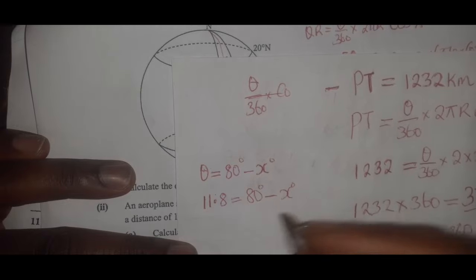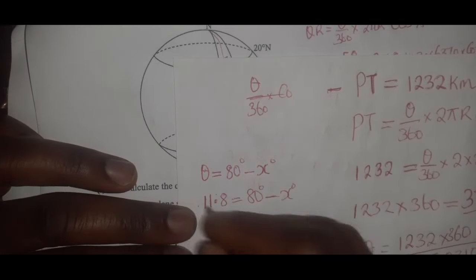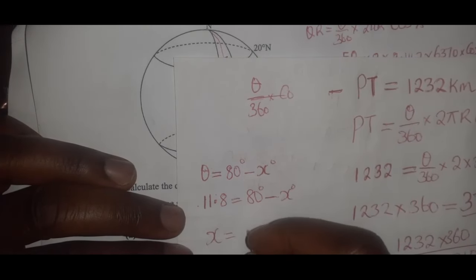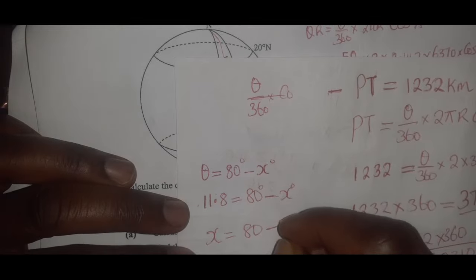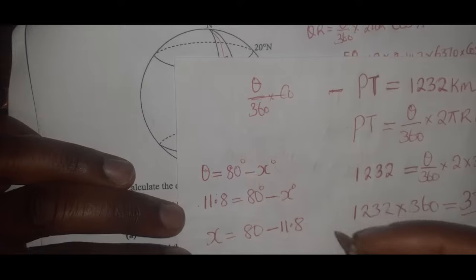We can work this out. We swap, so this one comes to this side, and x is equal to 80 minus 11.8.